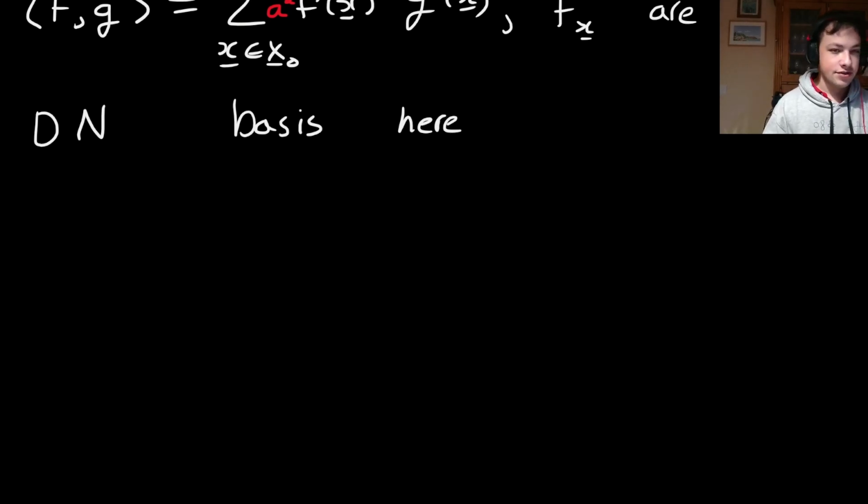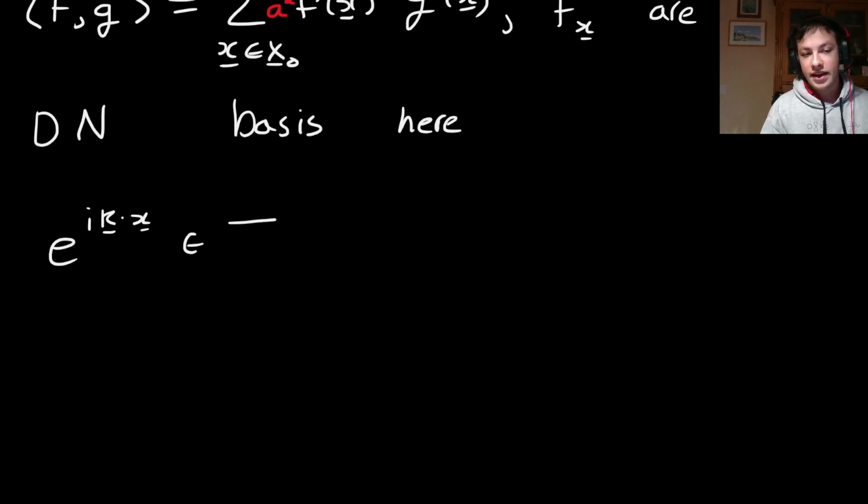So let's look at functions e to the I k dot x. These are naturally periodic functions anyway, in f, and for that to be periodic, if we increase x by any integer multiple of a in any direction, then we have to increase k dot x by an integer multiple of 2 pi to keep this thing the same.